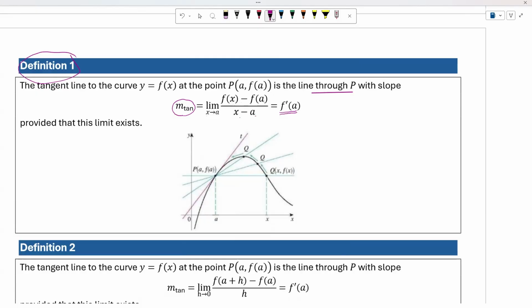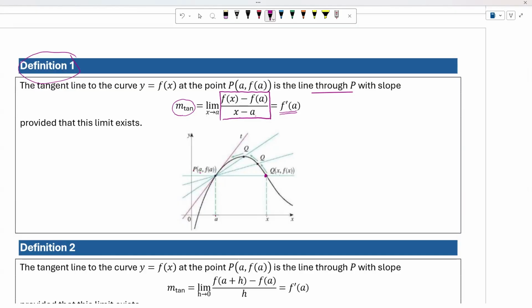Now let's see what is going on. First, let us look at this expression, f of x minus f of a over x minus a. Consider this point Q at (x, f of x), and this point P at x equal to a, so I have (a, f of a).